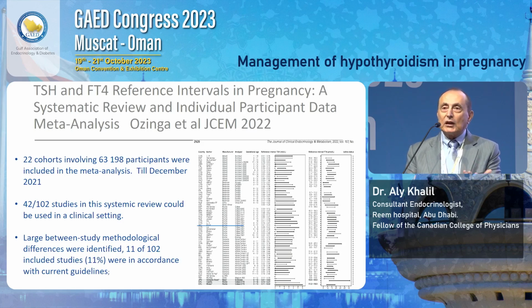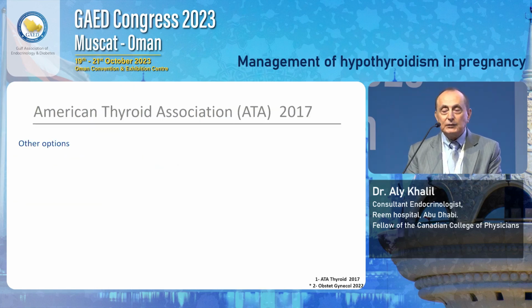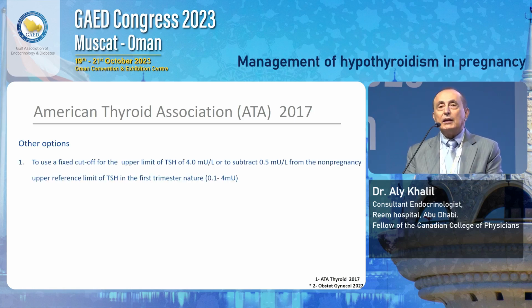So some suggestions were made that one way you could deal with that, since TSH and free T4 are the main hormones to be measured during pregnancy, is to use the normal reference values for TSH in the non-pregnant.